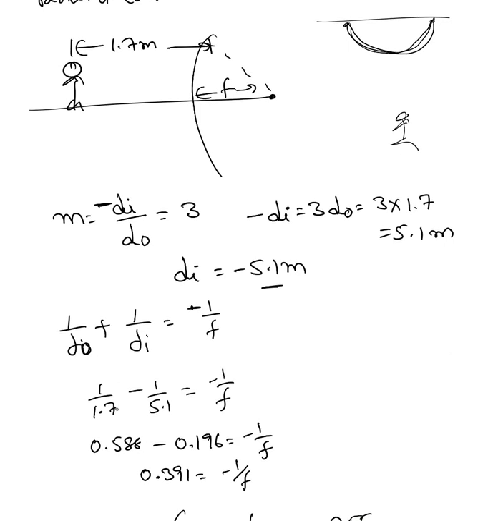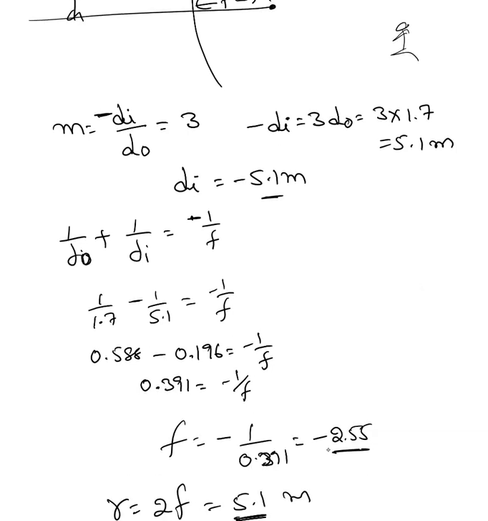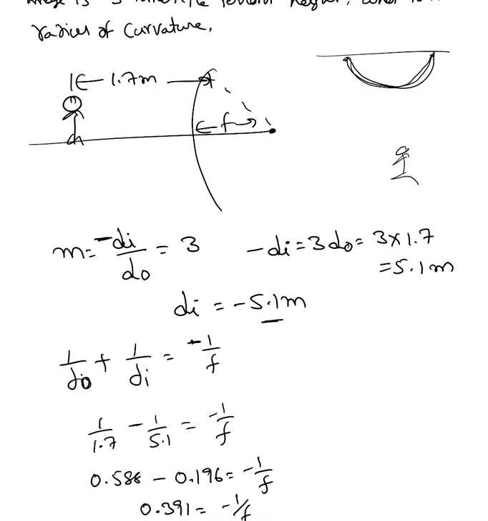I know d naught, the distance of the object, 1 over 1.7. The distance of the image is 1 over 5.1, equal to minus 1 over f. So once I find f, it equals minus 2.55 meters. So basically I have a negative number.